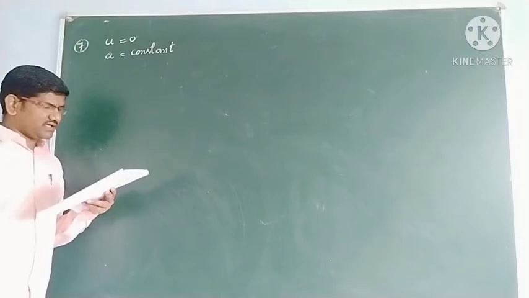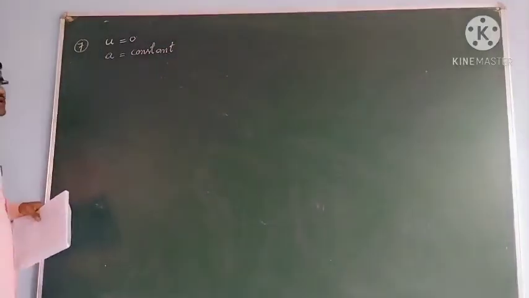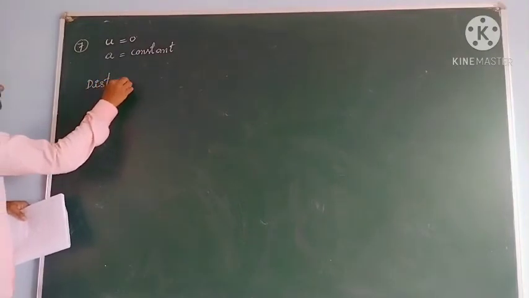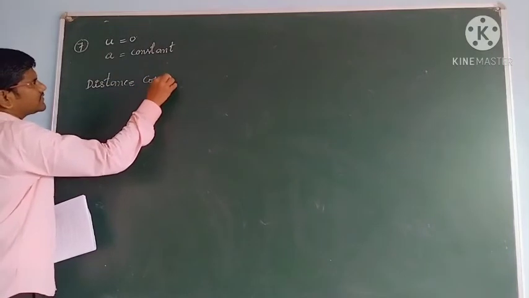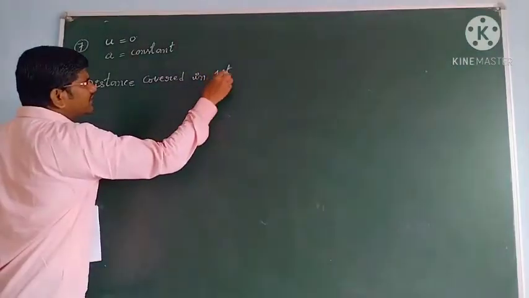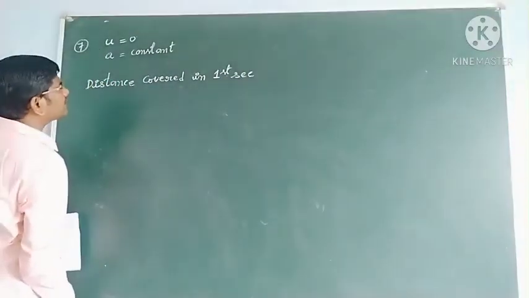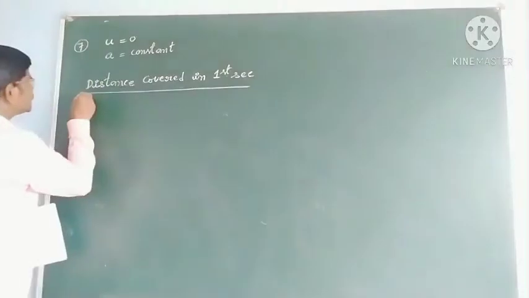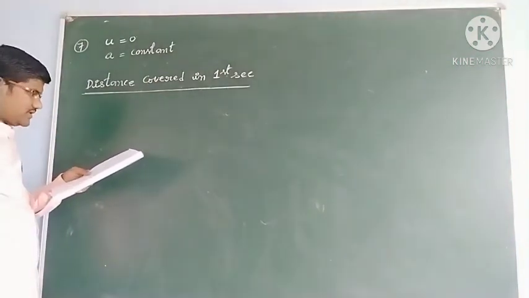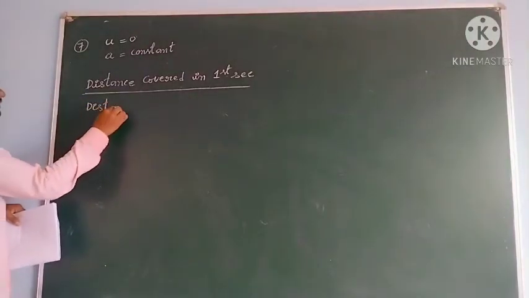So we have to take the ratio of distance covered in the first second by distance covered in the first 3 seconds.